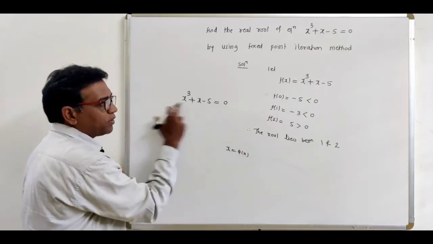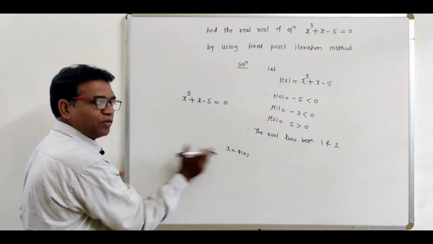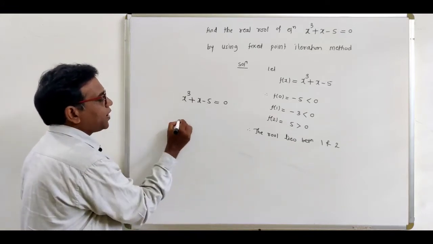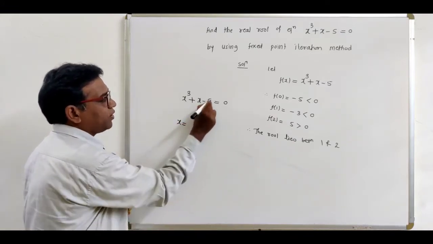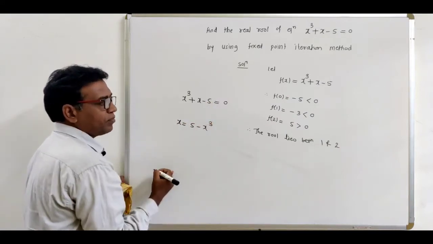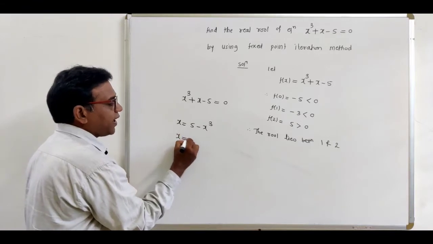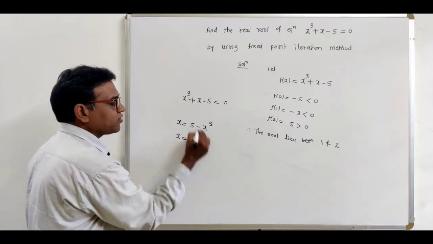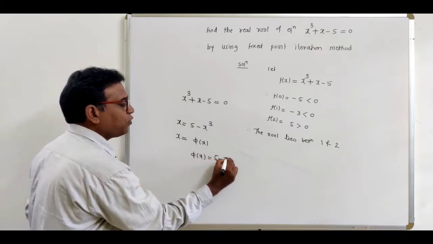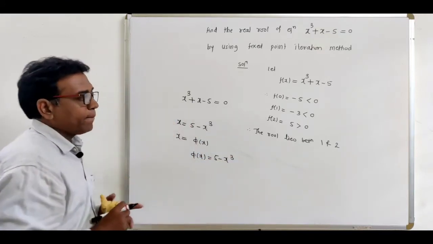That means from the given equation we have to find the value of this x. Now what is this value for x? x equal to 5 minus x cube. So this is our function x equal to phi of x, where phi of x equal to 5 minus x cube.